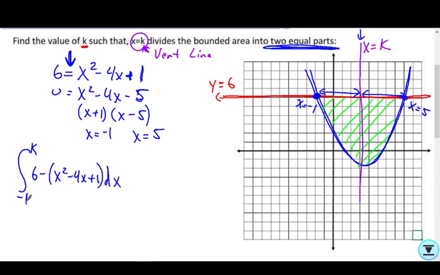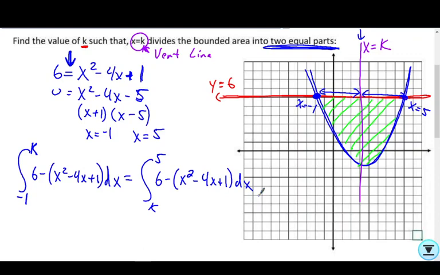This is the area from -1 to k, and it has to be equal to the area starting at k and going to 5 using the exact same equation. That's what this says. It literally says that the two areas, one from -1 to k and the other from k to 5, have to be equal.